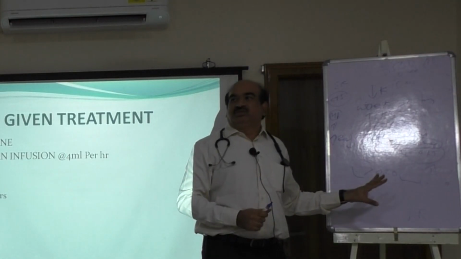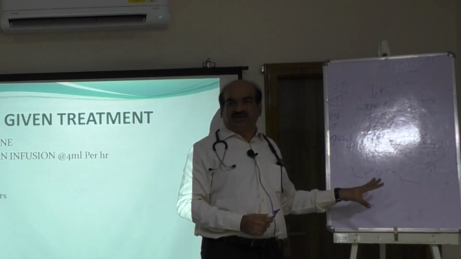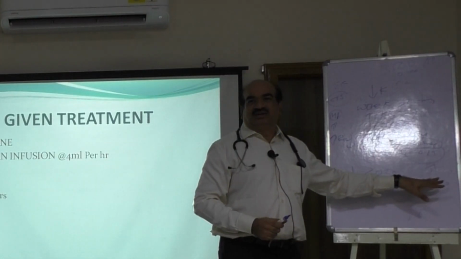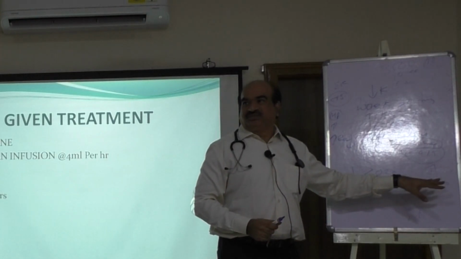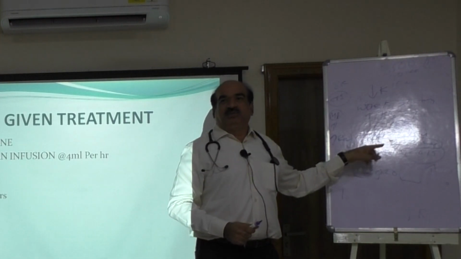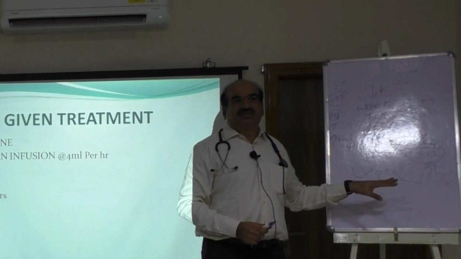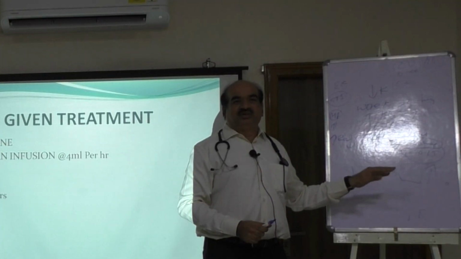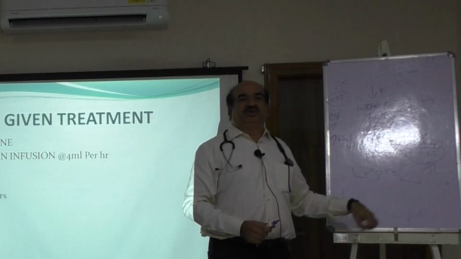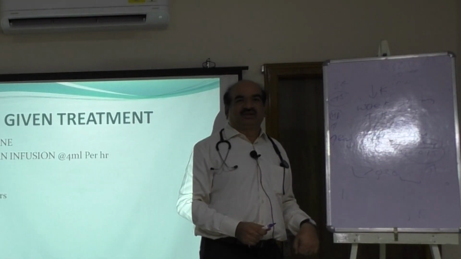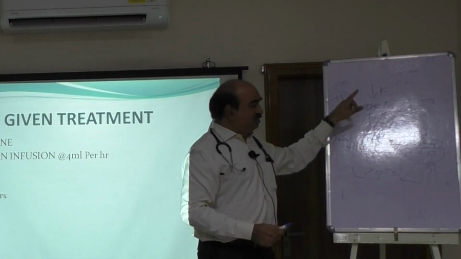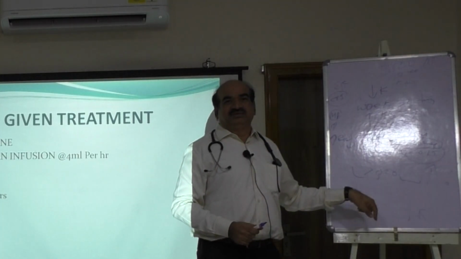So Bartter syndrome behaves like a loop diuretic. Gitelman syndrome is like thiazide diuretics. So it gives clues that the patient might be on a thiazide diuretic. If the patient is not on a thiazide diuretic, we should look for Gitelman syndrome. Most common is the thiazide diuretic condition. So we should check all these parameters.